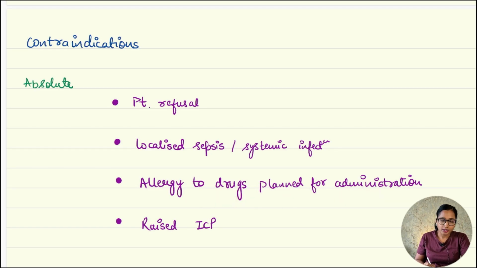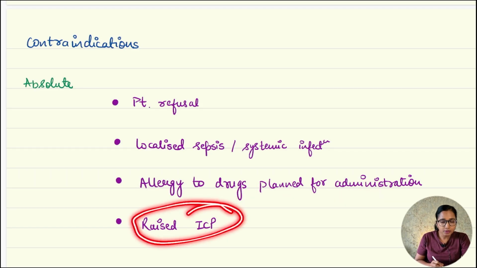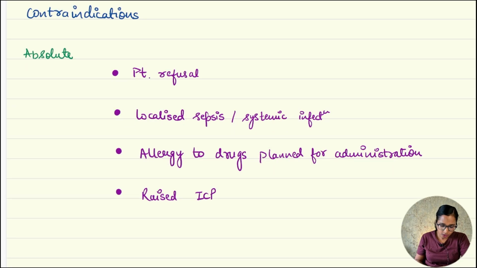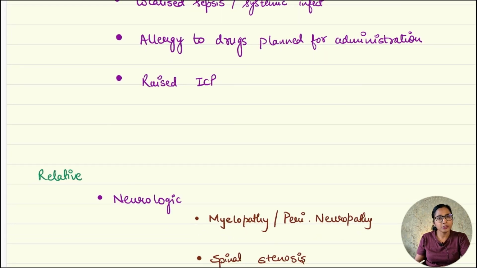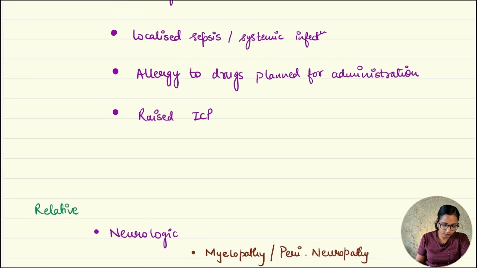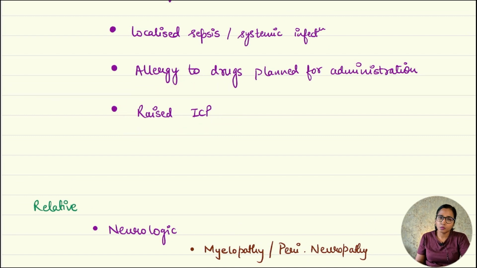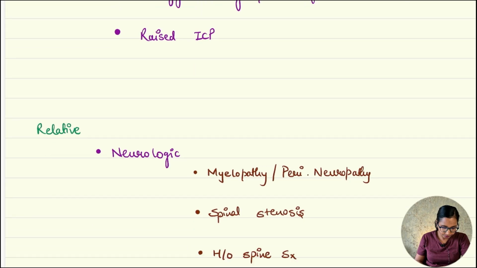Raised ICP may lead to herniation, so signs of raised ICP should be looked for in a patient with head injury, and regional anesthesia should be avoided, or in any patient, like with a tumor, where signs and symptoms of raised ICP are seen, we should avoid giving neuraxial blockade.